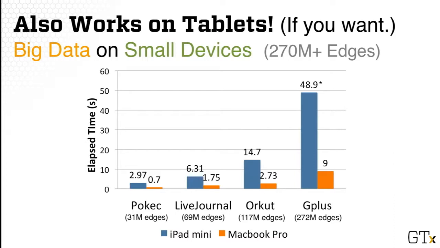You'll see that we can handle graphs as large as 272 million edges, and the speed is roughly about 5 times slower. So not a lot. And you'll also notice that iPads and mobile devices these days have become increasingly powerful, so the gap will be even closer as time passes.